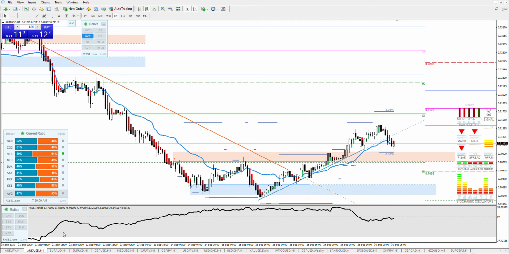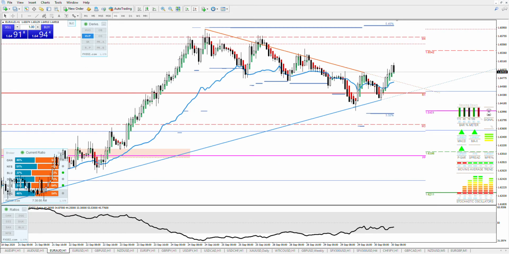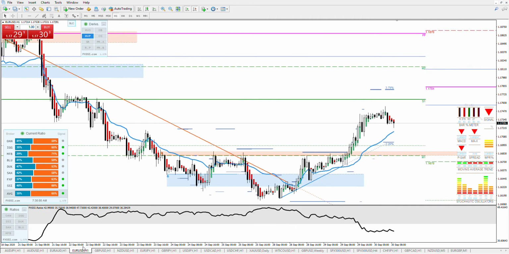So Euro Oz, we are a buy. The SLC above is large at 166, so it's 105 pips away. SLC below is 163.93. Check your greens and reds here as well, just for technical overview. The Euro USD.